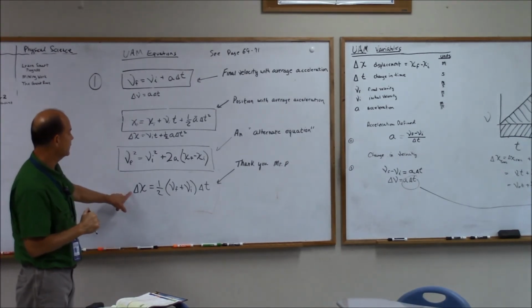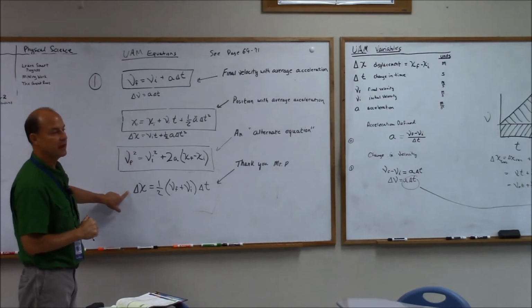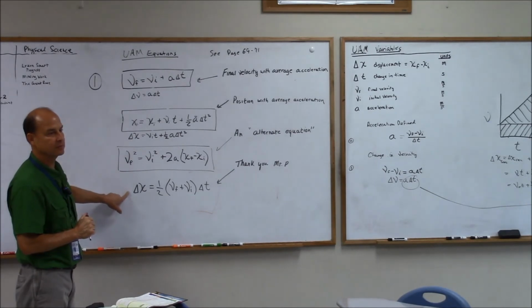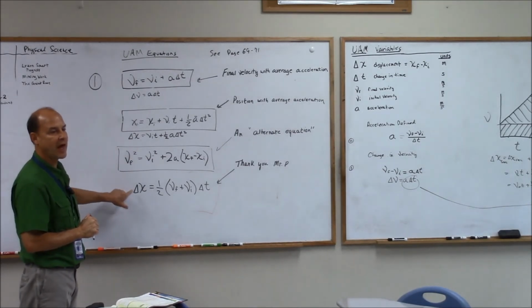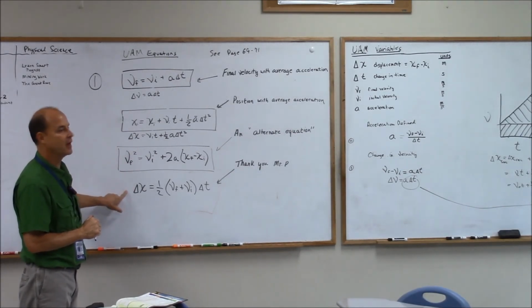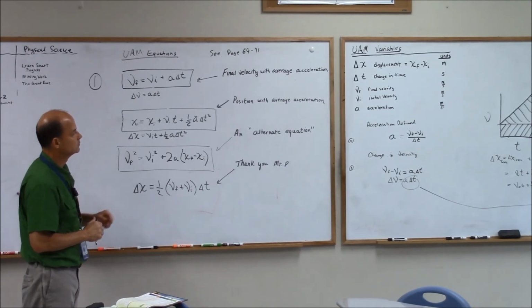It turns out that it was funny because you're going to get some problems in a minute, and the last problem is a challenge problem. But it turns out if you have this equation, it's not a challenge.